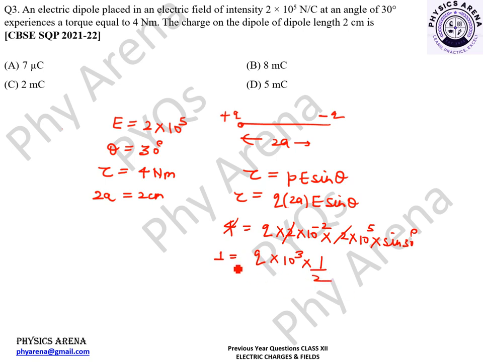So we can take all other things to that side. So this implies 2 upon 10 to the power 3 is equal to q, and we can write it as q is equal to 2 multiplied by 10 to the power minus 3, and that is equal to 2 millicoulomb. So from the given options, we are having option C as correct.